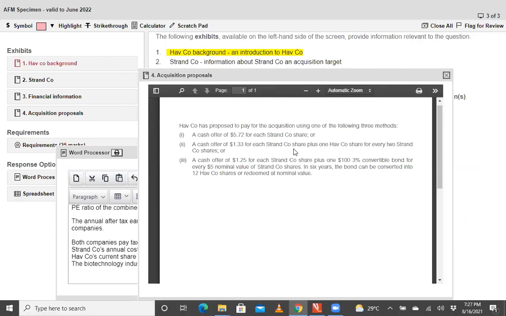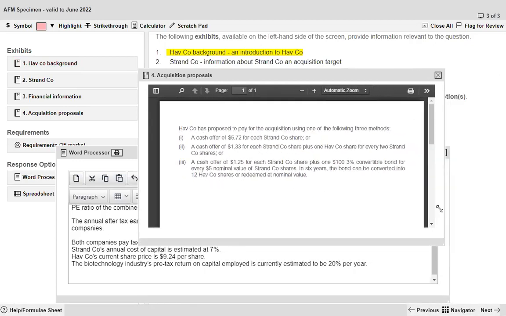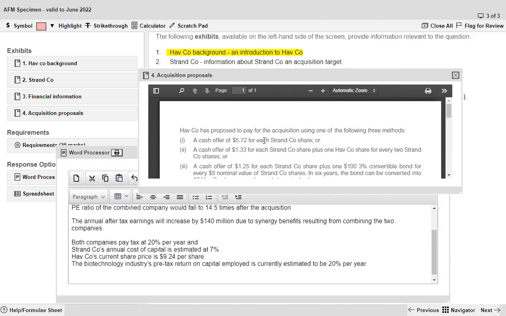Now we need to see what the different acquisition proposals are. It says Hav company has proposed to pay for the acquisition using one of the following three methods.